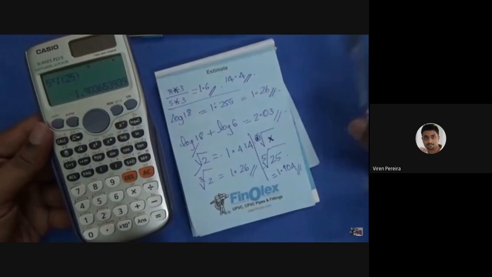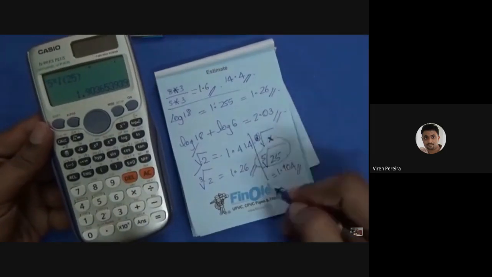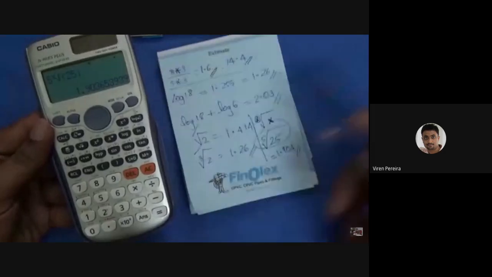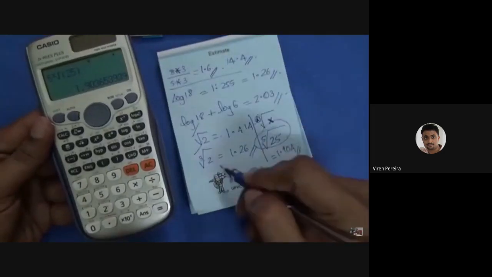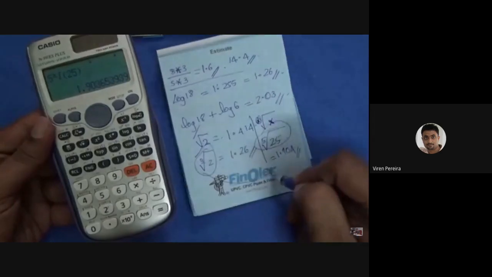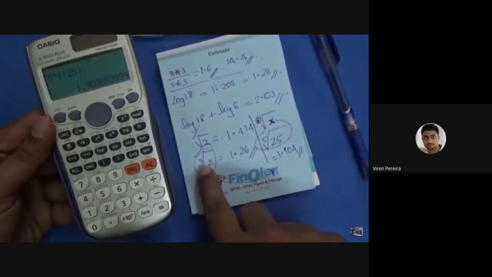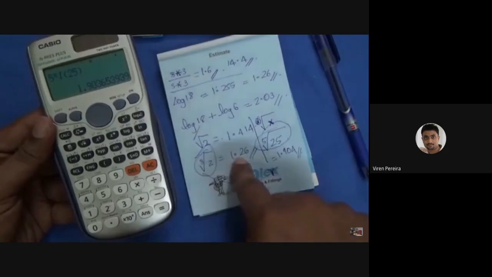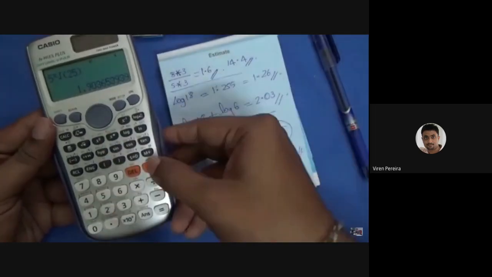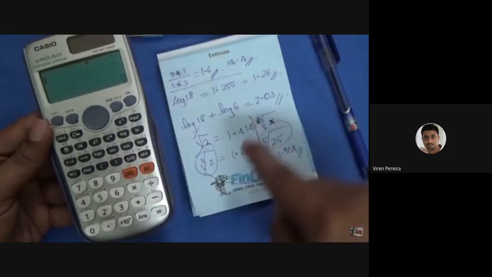Now I will just cross check whether whatever I have done is correct. What I could do is take the cube root value and put it in this same way. If I have cube root of 2, I should get 1.26. So I'll use the same button here. Cube root of 2.